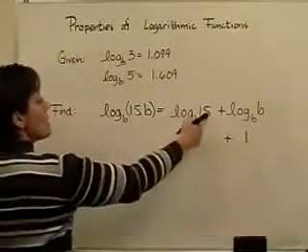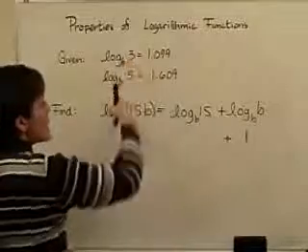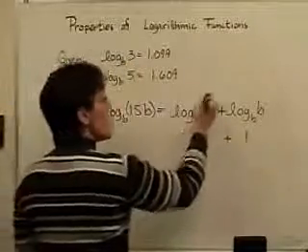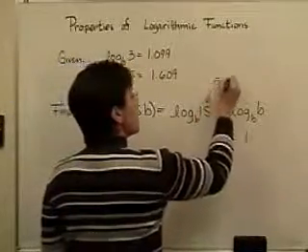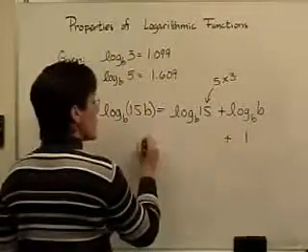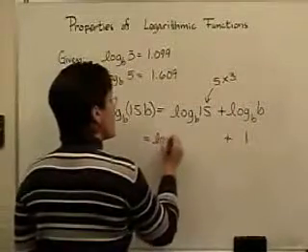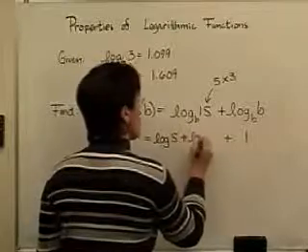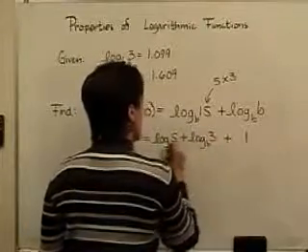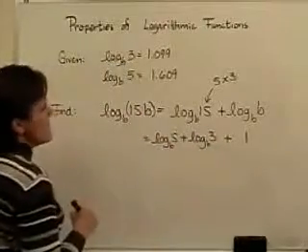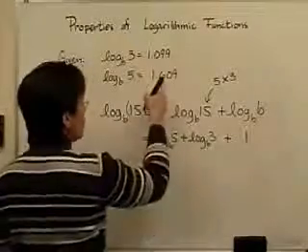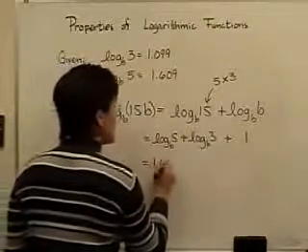Well, I have now the log of 15. I was only given the log of 3 and the log of 5, so it looks as though I better think of 15 as 5 times 3. So I'd better write that as the log of 5 plus the log of 3, where the base is b. And those two things were given to me. The log of 5 is 1.609.